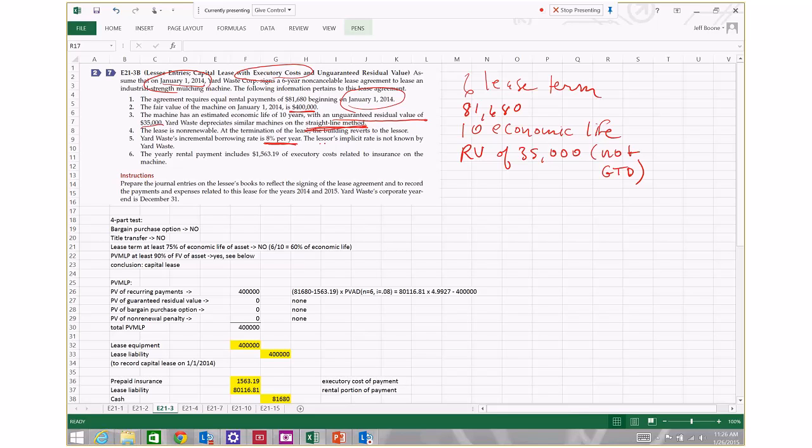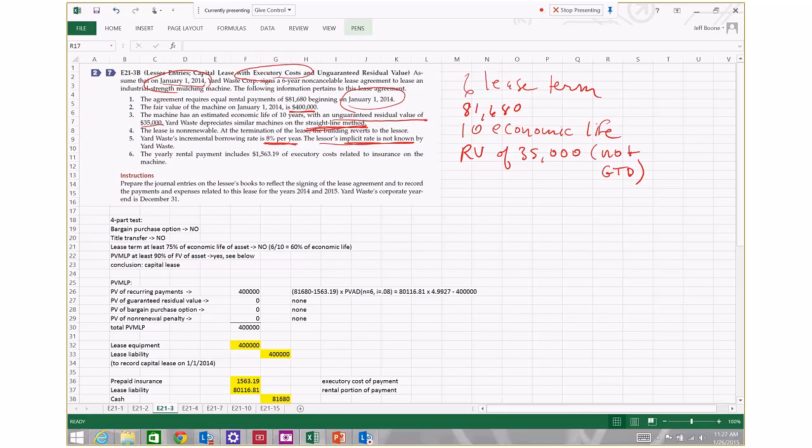The lessor's implicit rate is not known by the lessee. If the lessor's implicit rate were known by the lessee, and if it were less than 8%, then the lessee, in doing the present value calculations, would use that lesser implicit rate. But since the lessor's implicit rate is not known, the lessee is going to use their incremental borrowing rate of 8%.